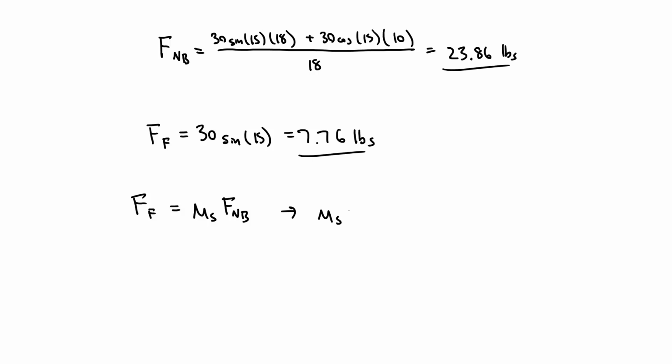Rearranging this, mu static is equal to FF over FNB. If I take 7.76 divided by 23.86, I wind up with a static coefficient of friction of 0.325. This is the minimum coefficient of friction needed to prevent this cabinet from rolling down the hill.